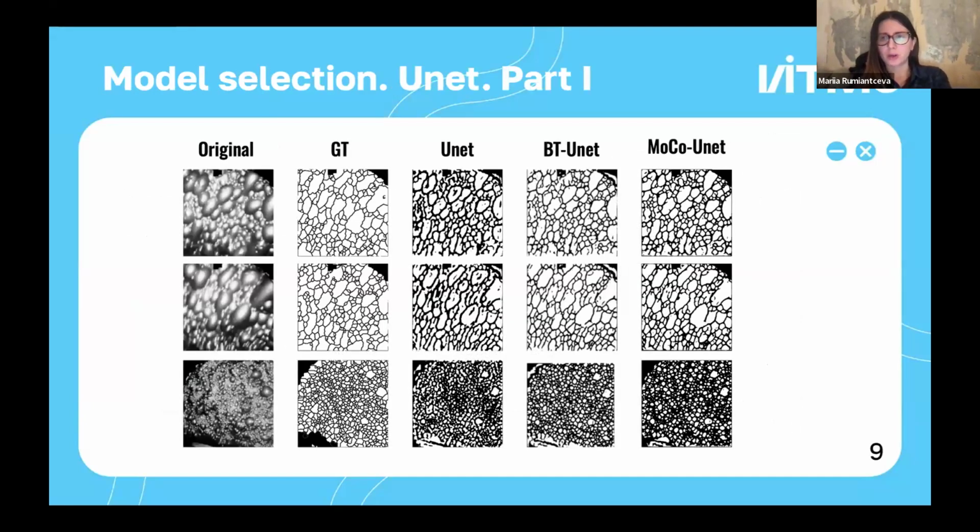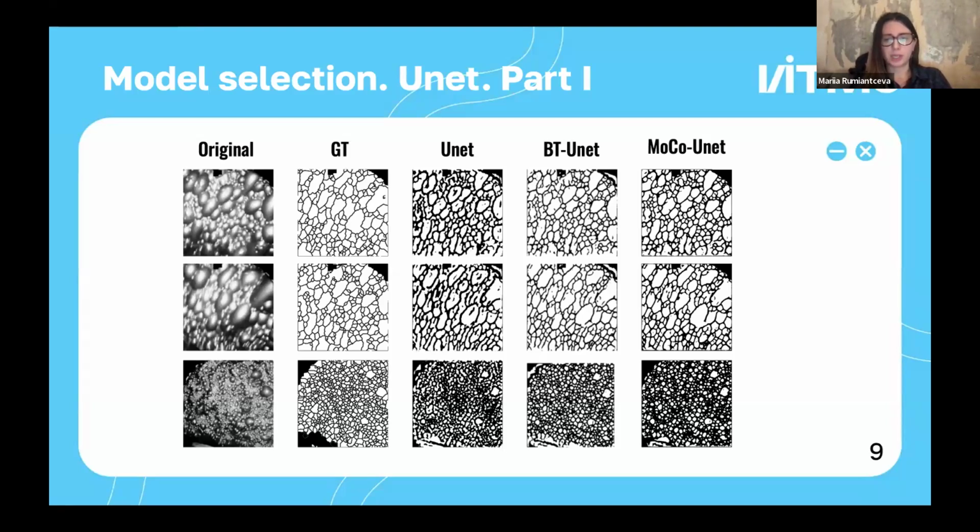After that we continued our experiments using Barlow Twins and Moco architectures, and we compared the results of training on pure UNet and UNet using the pretext task with Moco and Barlow Twins. Images obtained without pretraining show that many bubbles merge into one, and the boundaries are highly unclear. It is also common to see highlights on the bubbles incorrectly marked as background.